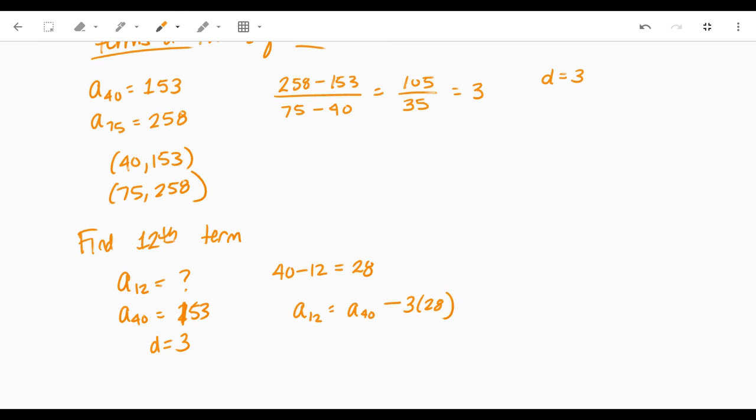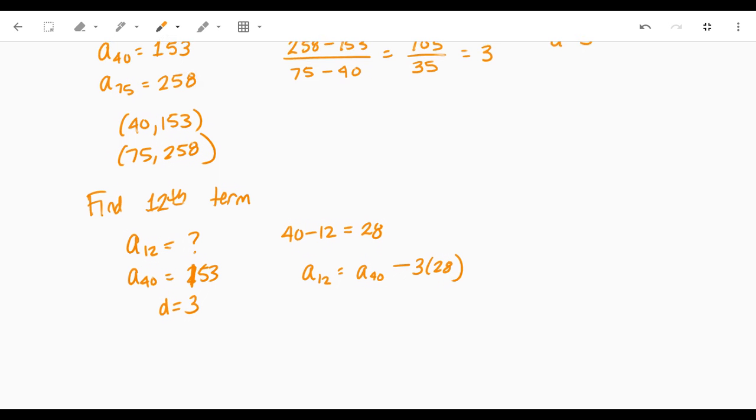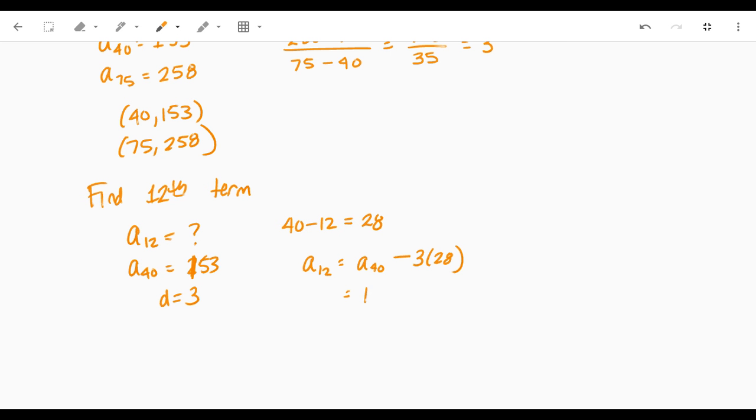That's how you could figure out, well, what's the 39th term? I'd have to subtract 3 to get down to 150. What's the 38th term? 147. What's the 37th term? 144. Keep subtracting 3, right? Well, if I want to work my way all the way back to the 12th term, then I'll subtract it 28 times. So I'm going to have 153 minus 3 times 28.